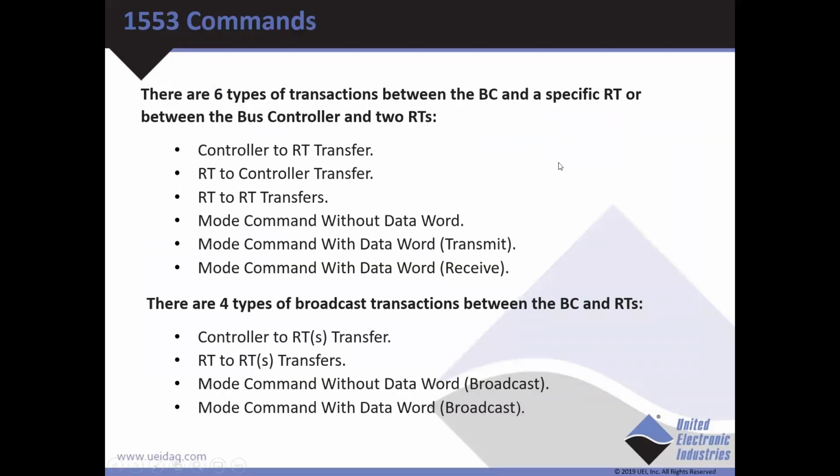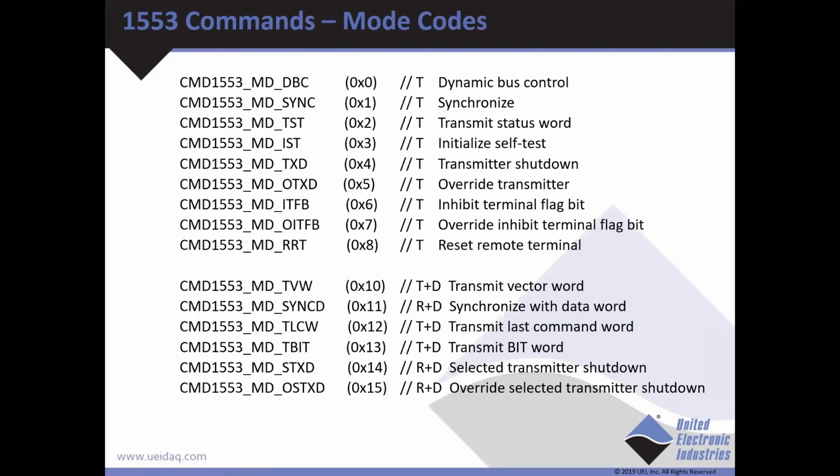There are many one-to-one commands, maybe between a bus controller and an RT or between two RTs, as well as broadcast commands, a one-to-many relationship. A list of mode codes, and some of the things the bus controller may need the RT to do is initiate a self-test, shut down, things like that.